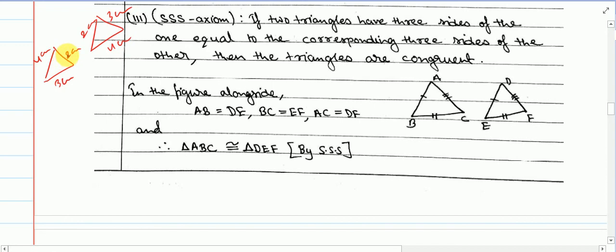Here 2 centimeter, here also 2 centimeter, this side equal, here 3 centimeter, here 3 centimeter equal, here 4, here 4. So you can see that for this triangle and this triangle, each corresponding side is equal. So in that way these two are congruent. Okay, so write down this also.